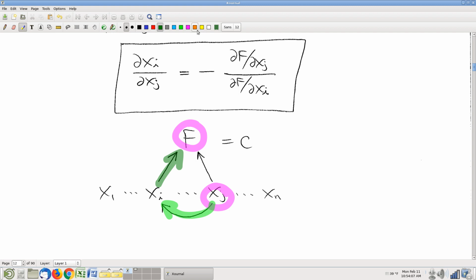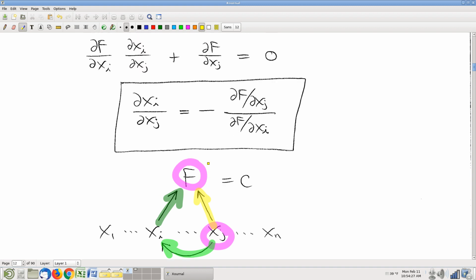The other thing that will happen as xj changes is that xj changes will directly affect f. Right? So changes in xj affect f in two different ways. One is by way of xi, the other is directly. And this gives rise to this exact same formula up here that we were just looking at.